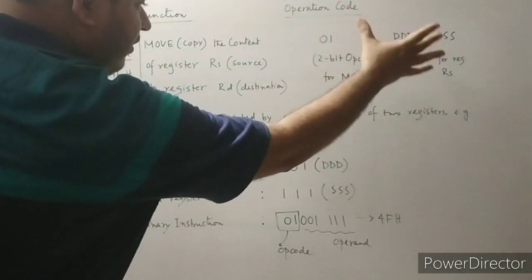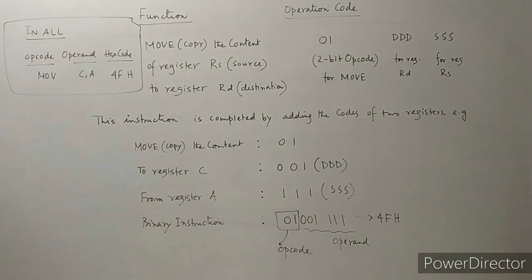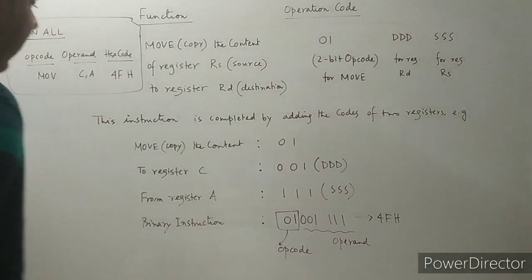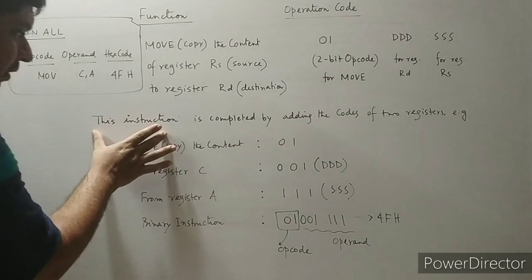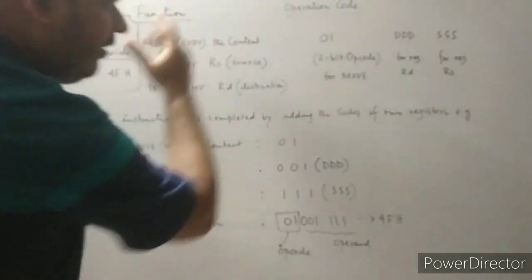DDD is for register RD, SSS is for register RS, where RD and RS are the destination register and source register respectively. So this instruction is completed by adding the codes of two registers.